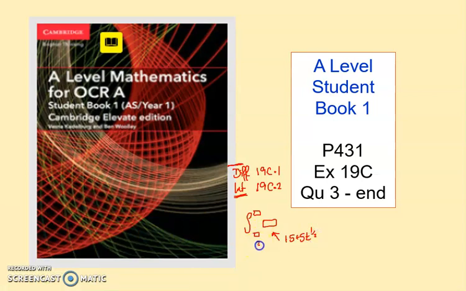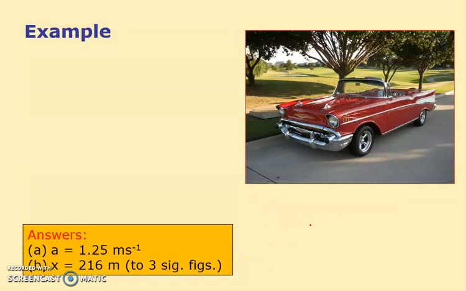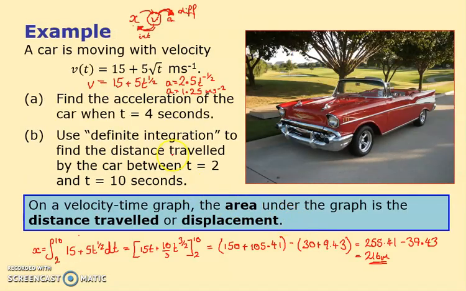We could have put 2 into this box, 10 into this box, and just pressed equals. The only reason we couldn't do that was that it said use definite integration. Sometimes they say use detailed reasoning, but if they didn't, we could have cheated and let the calculator do it.